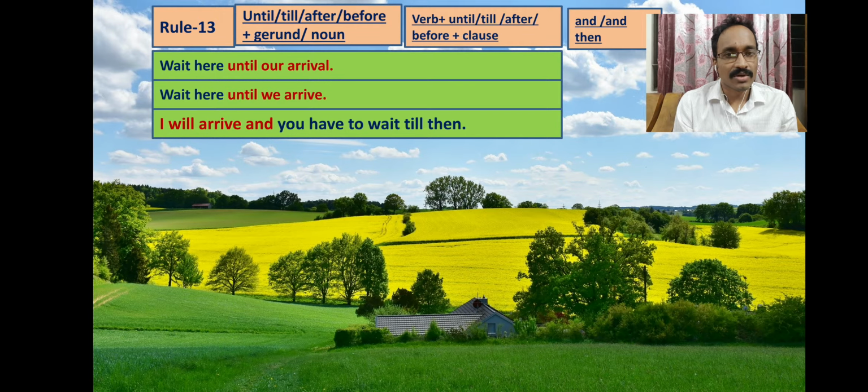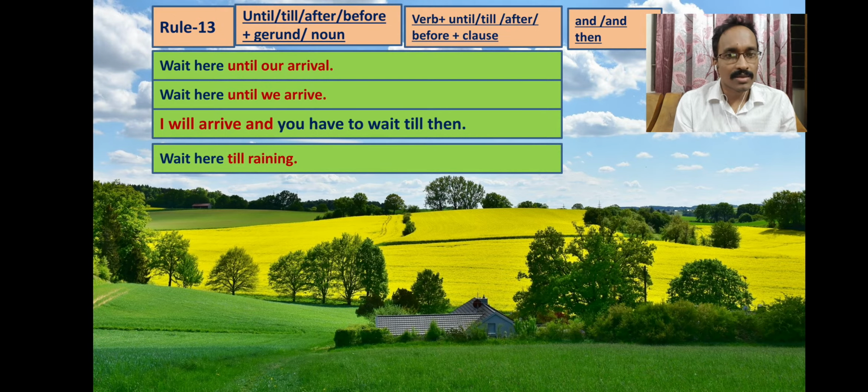So the first part of the sentence is in future indefinite, and the second clause is in present indefinite. We will arrive and you have to wait till then. So this is about rule number 13, and dear students, you will go to your exercise book and practice more on this.